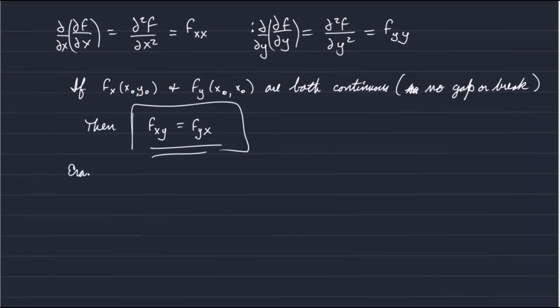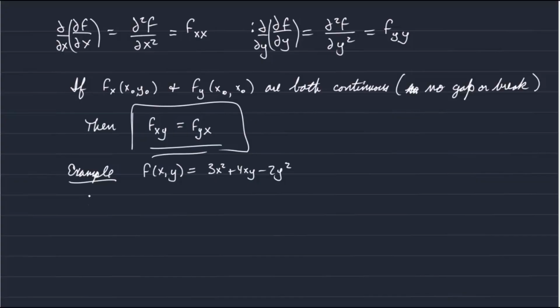So let's look at one example of a function, and here I'm going to show how to evaluate these partial derivatives. Say f of x and y is equal to 3x squared plus 4xy minus 2y squared.